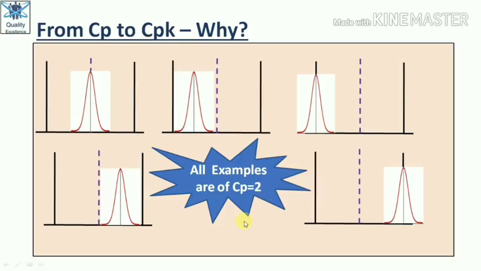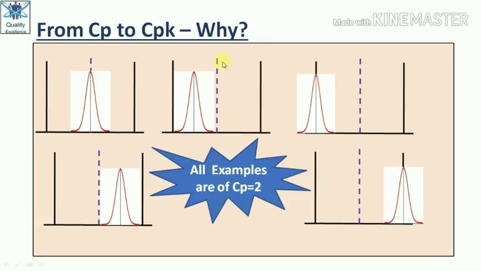The answer is no, because you can see here CP is equal to 2, but still the process is manufacturing 50% of the product which are out of the specification, which are below the lower specification limit, but still your CP is 2.